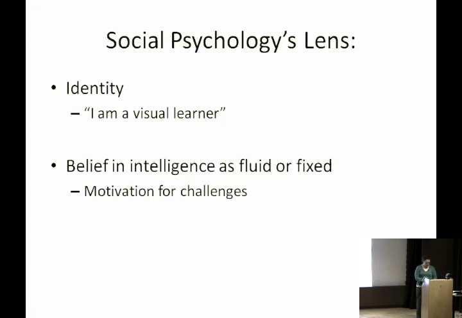What we know here is that different levels of motivation accompany different beliefs. If a student believes that their intelligence is fixed, when they come across a challenge, especially if they fail that challenge, then what that is going to do is encourage them to avoid challenges like that in the future, because we go back to identity.